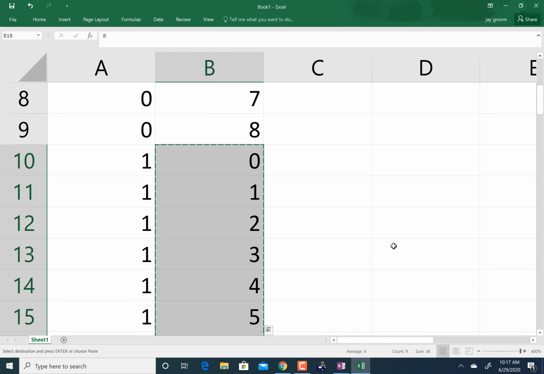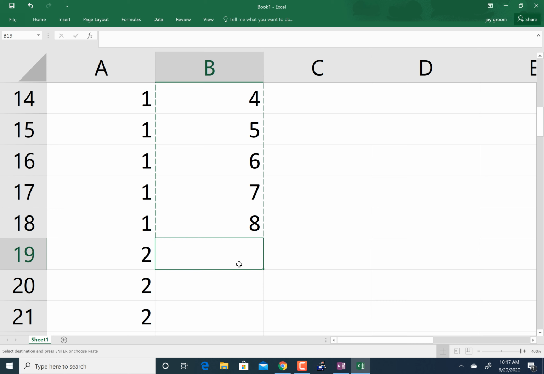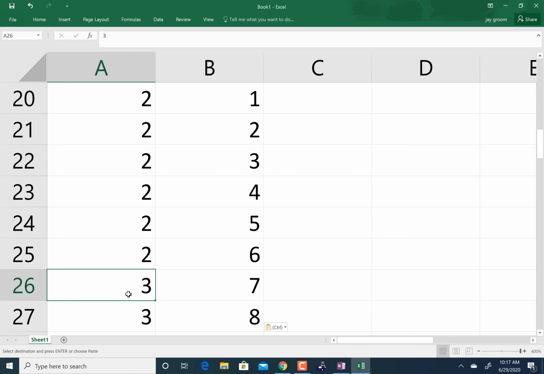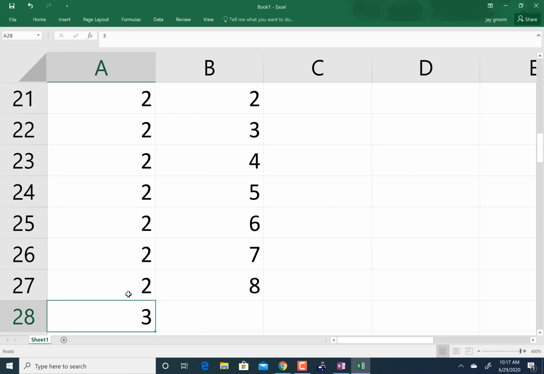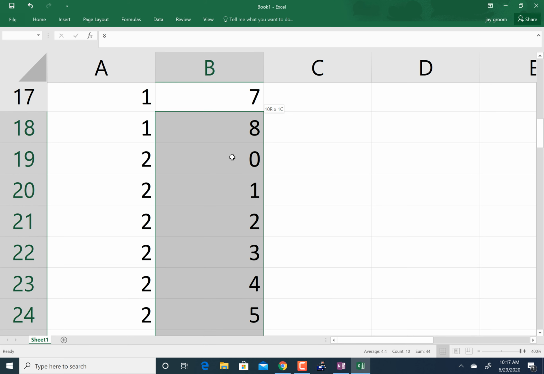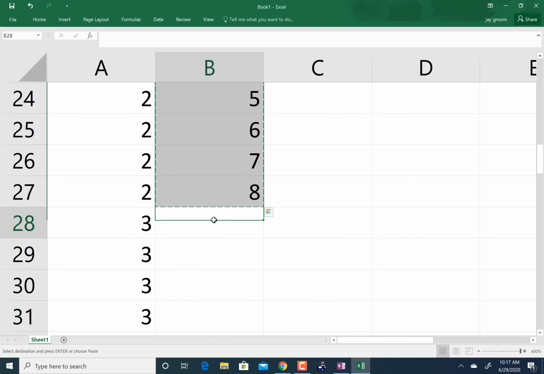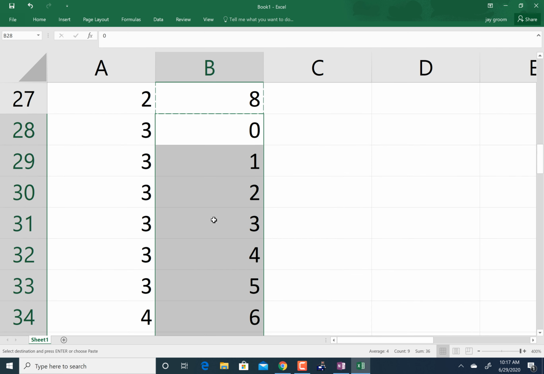Control C. Paste. Paste. Paste. I'm just going to do one thing at a time because I'm going to screw this up if I don't. Paste.